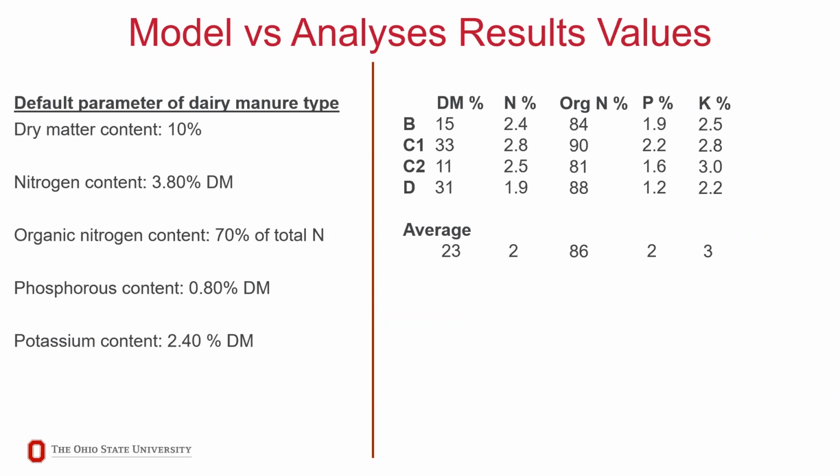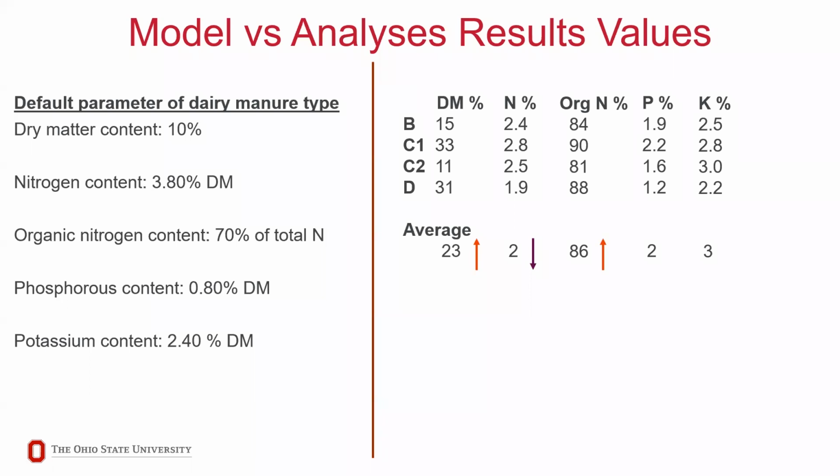So in terms of dry matter, the model thought that our manure was primarily wet, and then we had 23% of dry matter actually in our observations on average. Nitrogen content, the model thought that we had almost 4%, and we have 2%, so kind of half in reality.